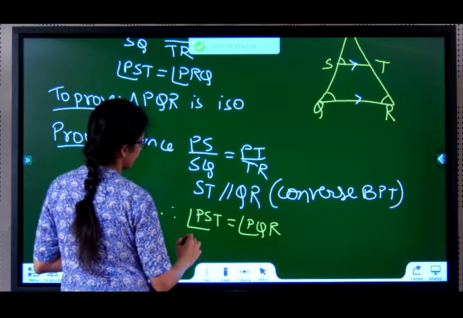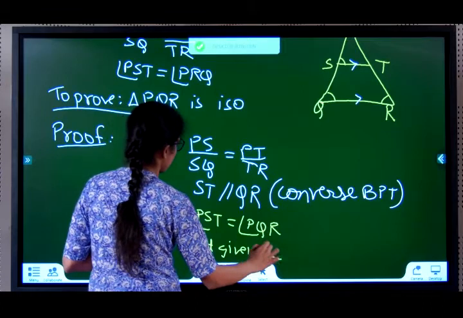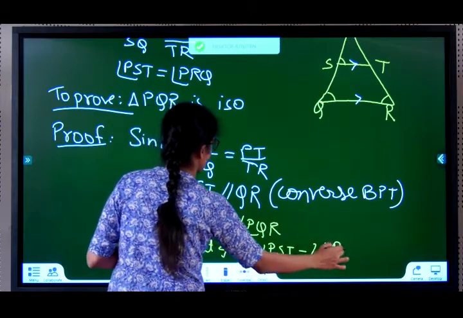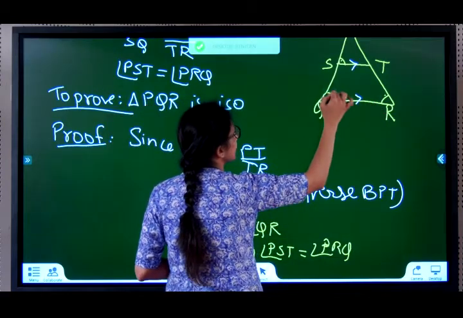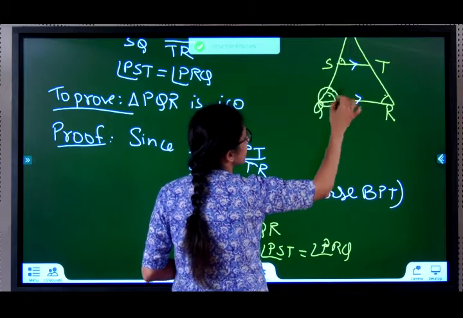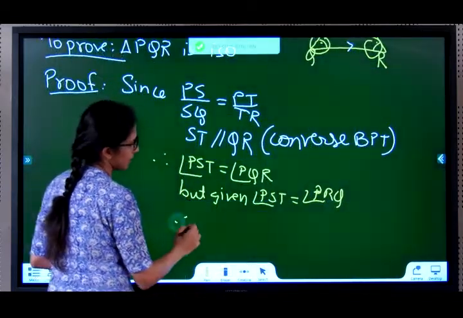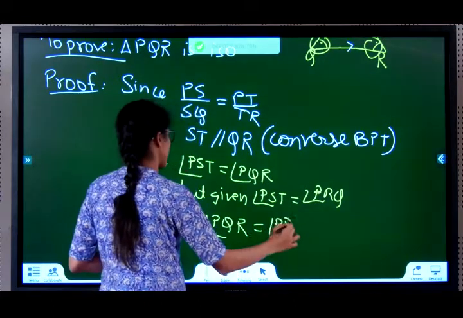But it is given angle PST is equal to angle PRQ. It's given this is equal to this. I know this is equal to this. So, therefore, I can say angle PQR is equal to angle PRQ.